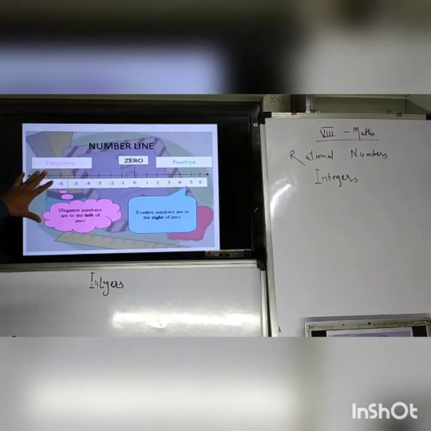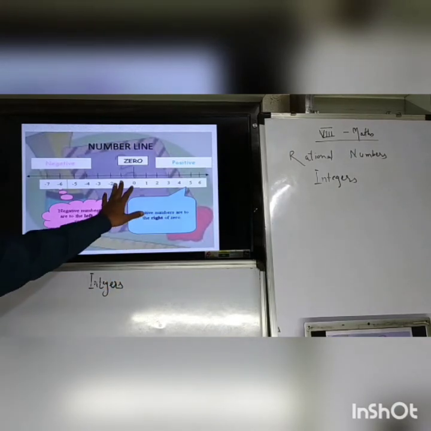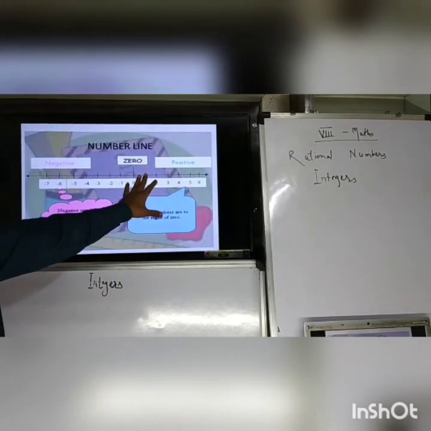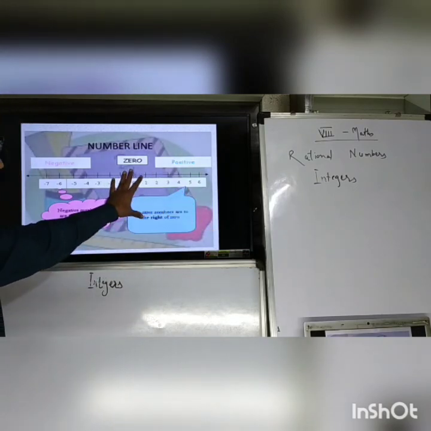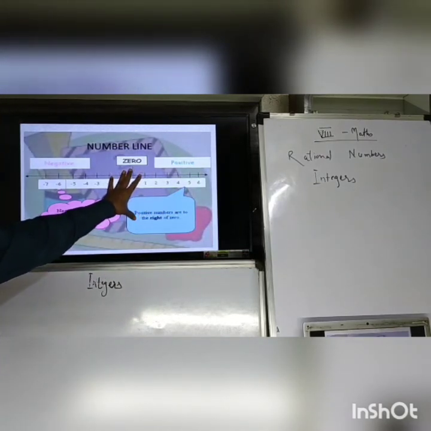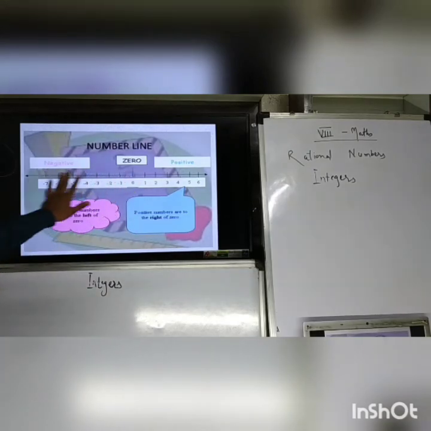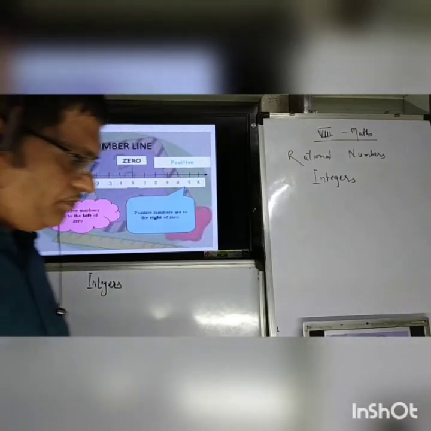And the natural numbers with a negative sign are called negative integers. So integers are classified into three parts: positive integers, which are the natural numbers; 0, which is neither positive nor negative; and the negative integers.